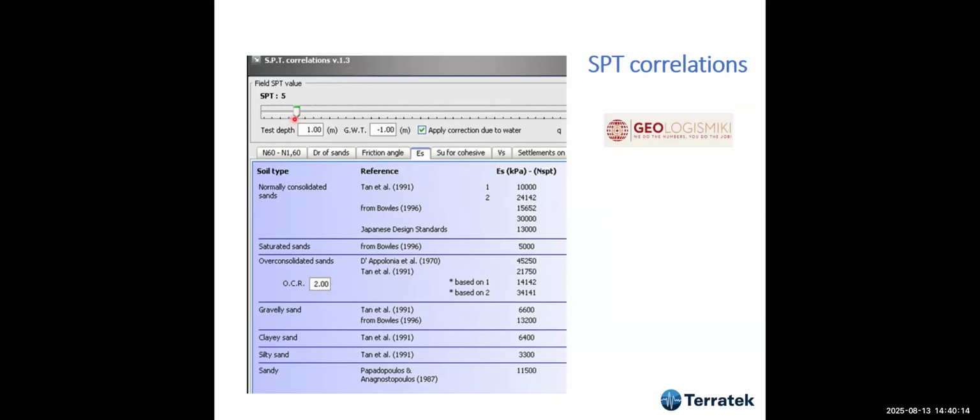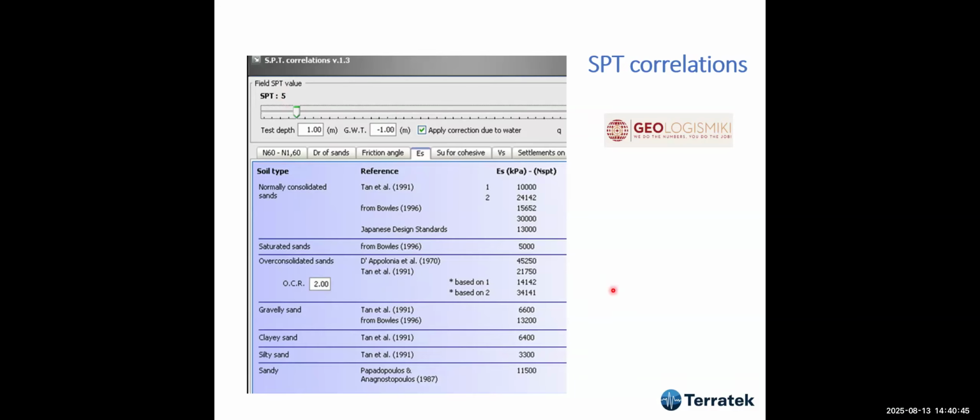Here you can have all these correlations: settlements, Vs, shear strength, friction angle, relative density of sand, the N60 to (N1)60, which is corrected. So you just open the software and slide this right and left until you have the SPT value that you want, and then you get lots of correlations.